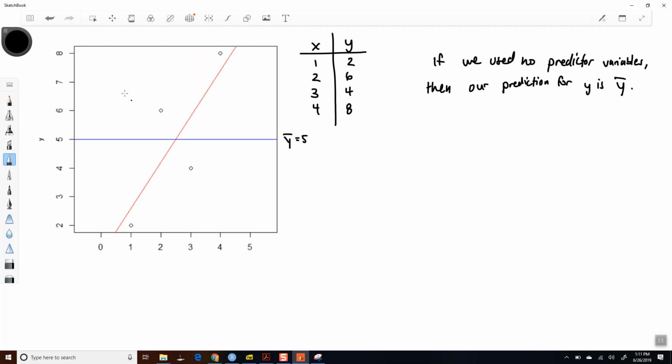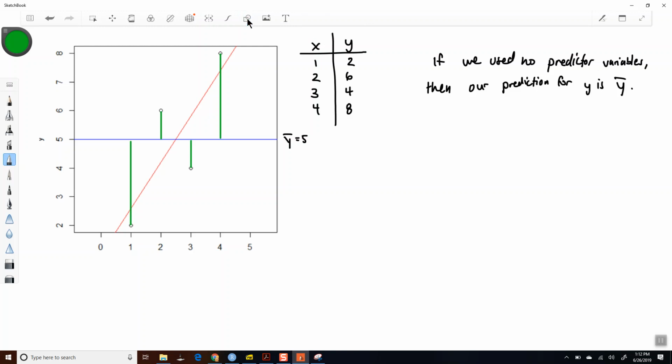And so what we have is the total sum of squares. What color do I want to use to represent the total sum of squares? The total sum of squares is the distance between each of these dots and y bar.